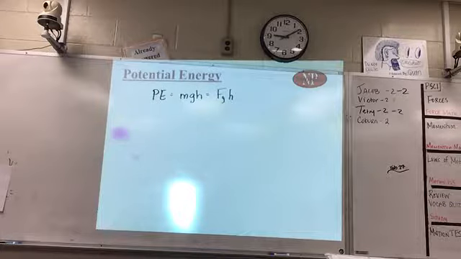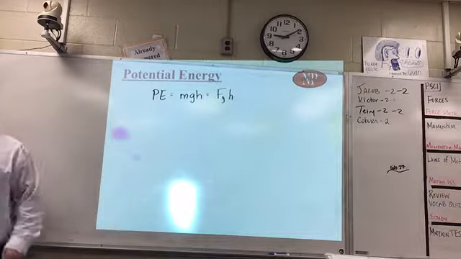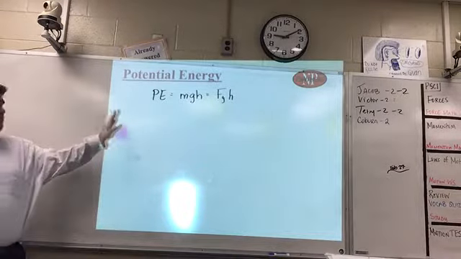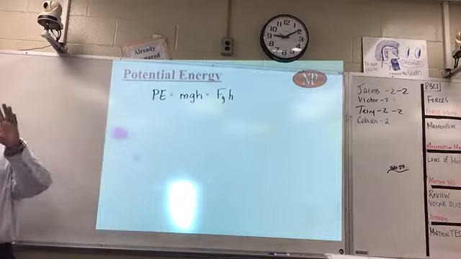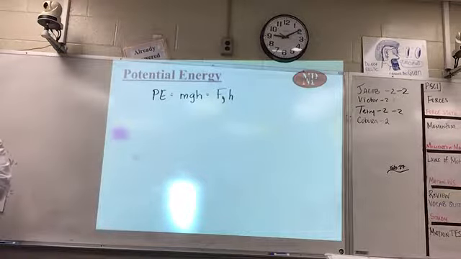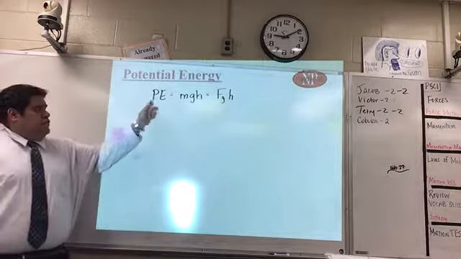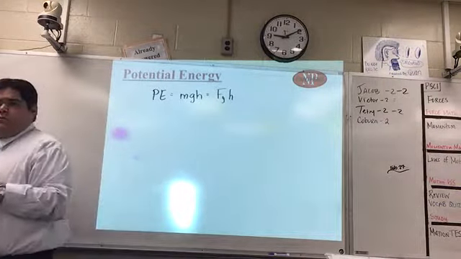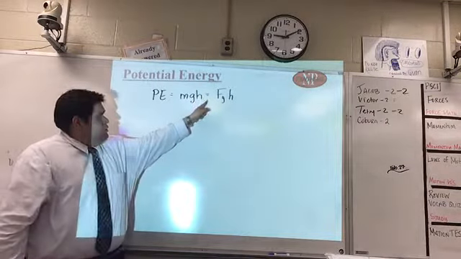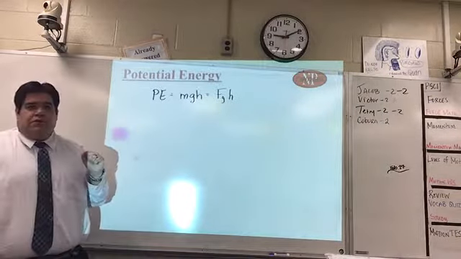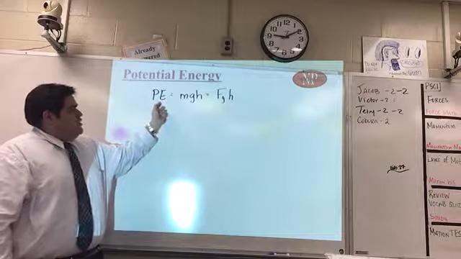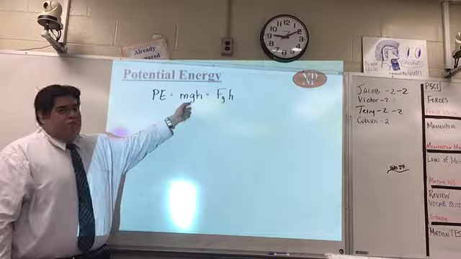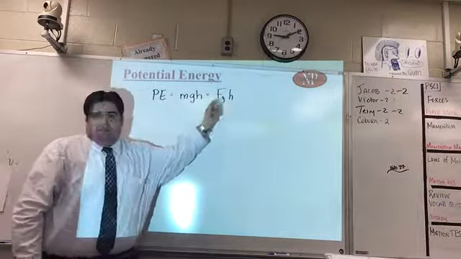Since I'm recording this, if you watch it again, you can't get tricked now, because I'm letting you know right now, this is not the one formula for potential energy. Meaning if you're solving for potential energy, you're not going to use this entire thing. Notice how there's an equal sign here and there's an equal sign here. What that means is potential energy can be this, or potential energy can be this.